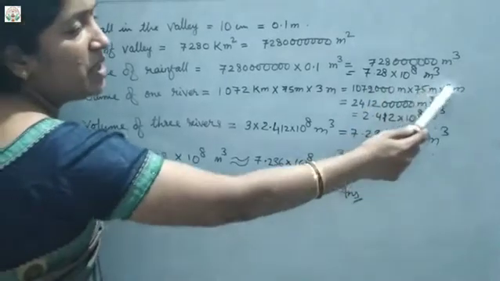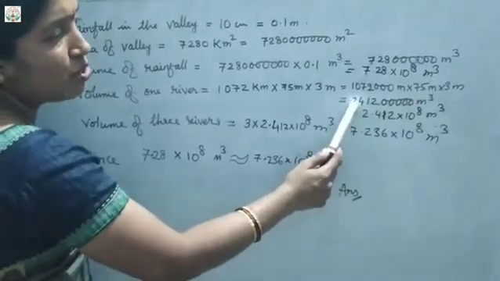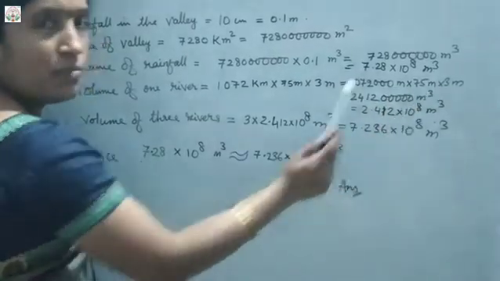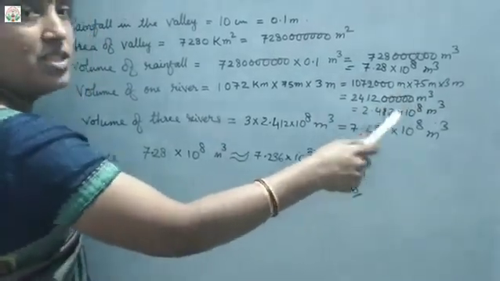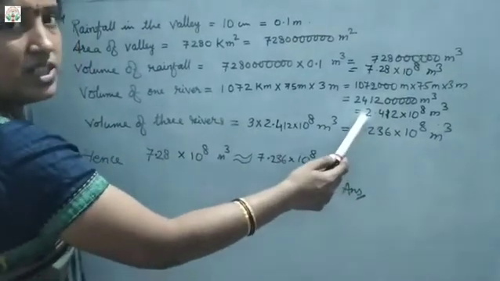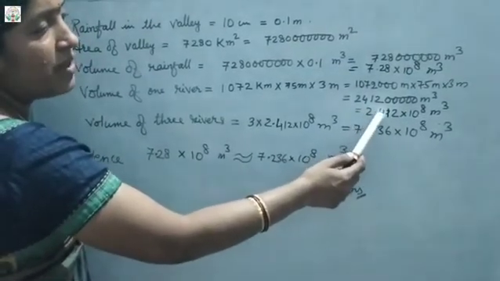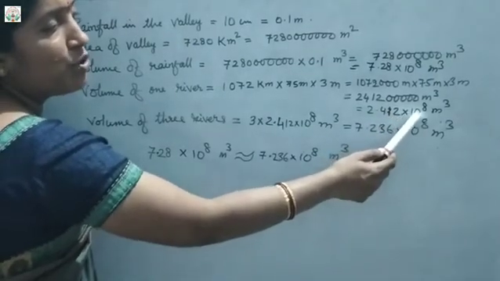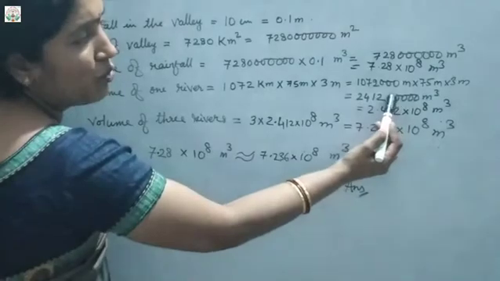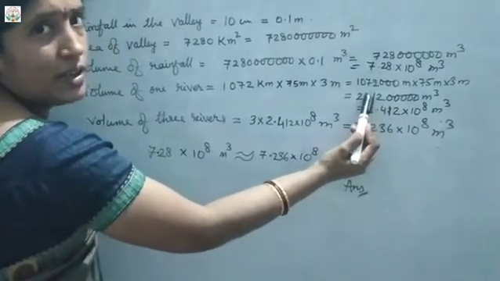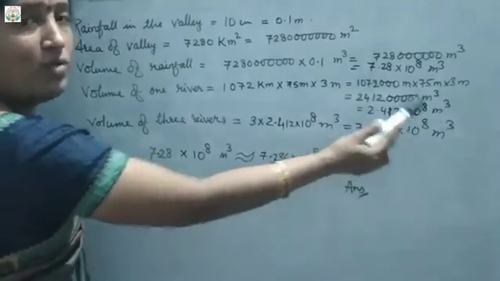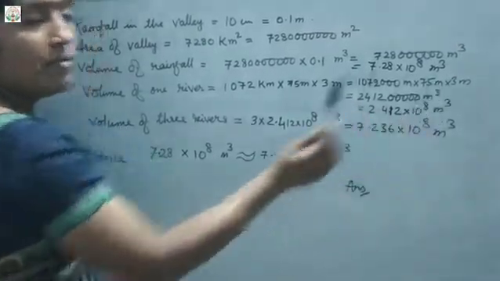On multiplication of this, we get 2412 into 5 zeros cubic meter. Again we change this into 10 to the power 8, so we can write it as 2.412 into 10 to the power 8, because you can count 1, 2, 3, 4, 5, 6, 7, 8. Leaving 8 digits from there, we put the decimal, that's why 10 to the power 8 cubic meter.